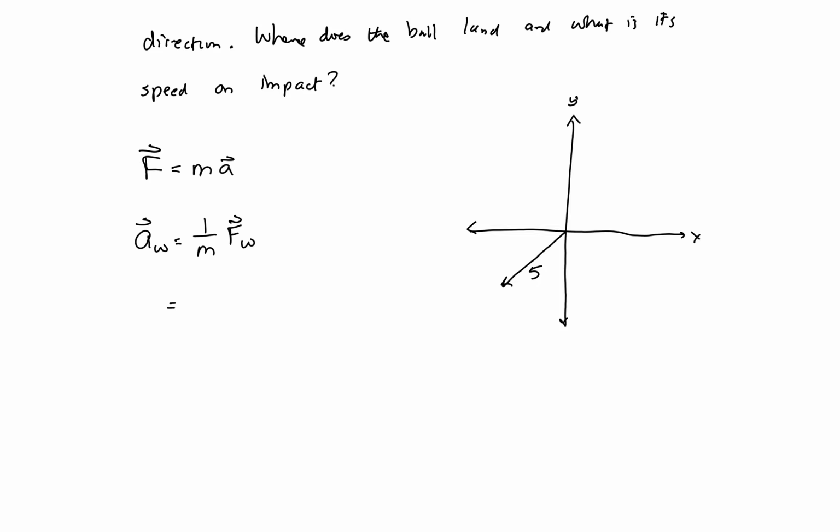And now we want to break this up into our components. So if we think about what this vector here is, there's a 5 for the length, and then we want the unit vector here. So this is minus cosine of pi over 4 i minus sine of pi over 4 j.